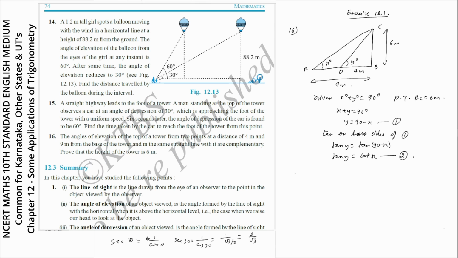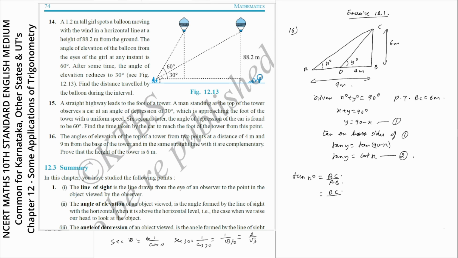Now what is tan of x degree? Tan of x degree is opposite by adjacent, right? So opposite is CB or BC, BC by AB. BC I'll keep as it is, still it is unknown.